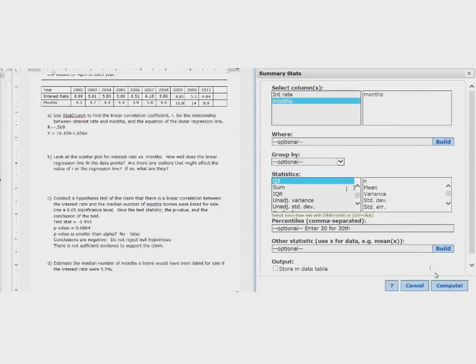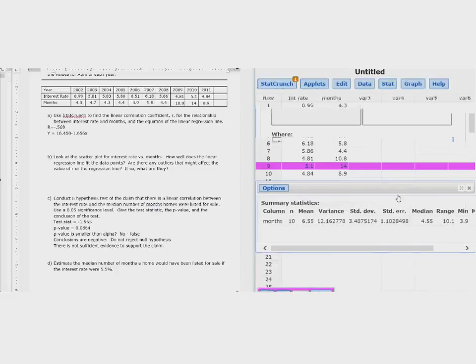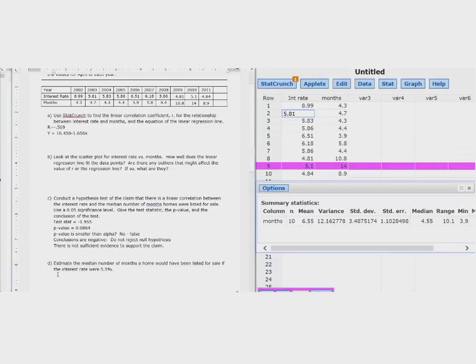If we just leave everything like it is here and do Compute, it's going to give us a whole bunch of other information. But it gives us what we want, which is 6.55 for the mean. So the only estimate we can make is just the average of the number of months. So that would be our estimate.